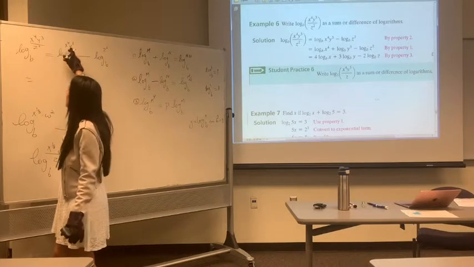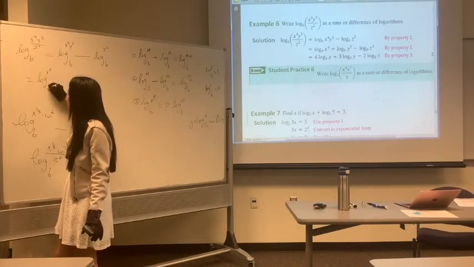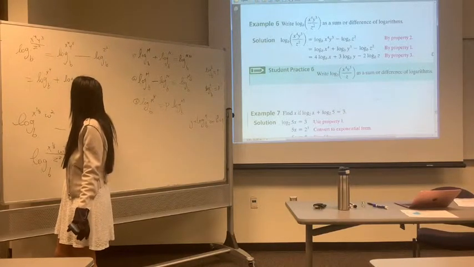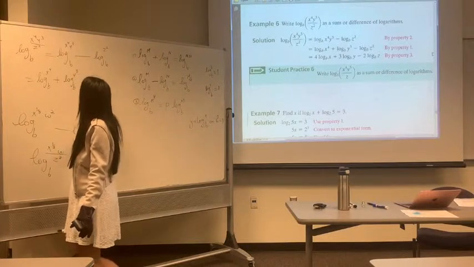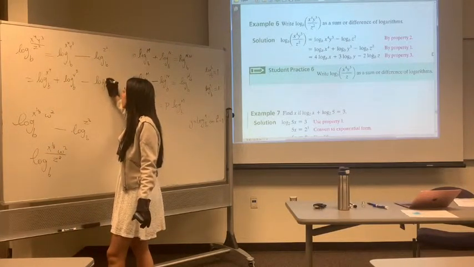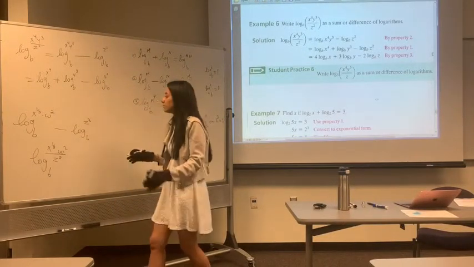Then here I have multiplication. I can separate them to the addition of logs. Log with this argument minus the rest, z power 2 base b.